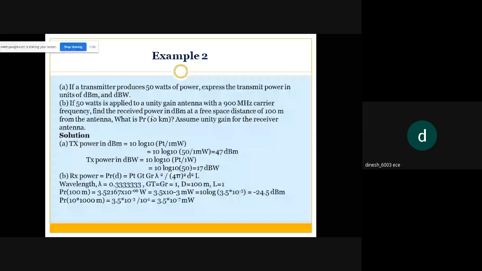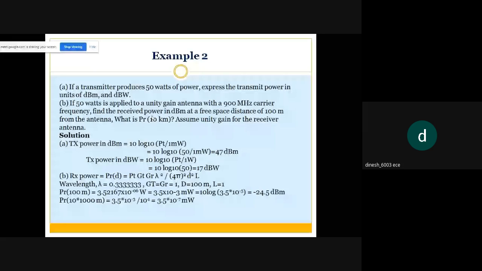For 50 watts, we need to find the power in decibel meter. Already in subdivision A, we had found it as 47 decibel meter.